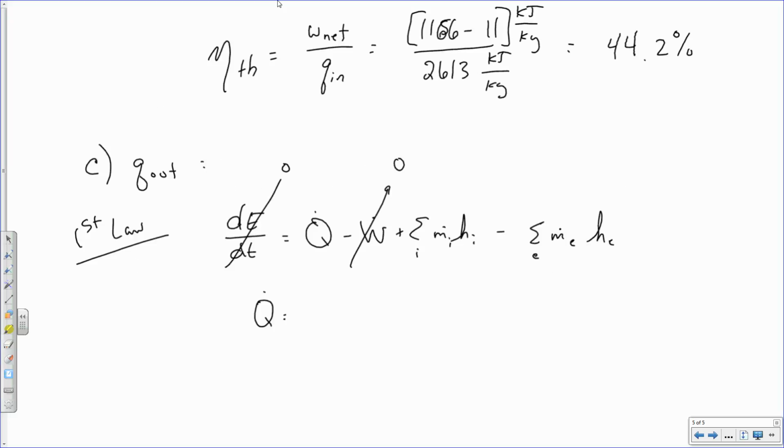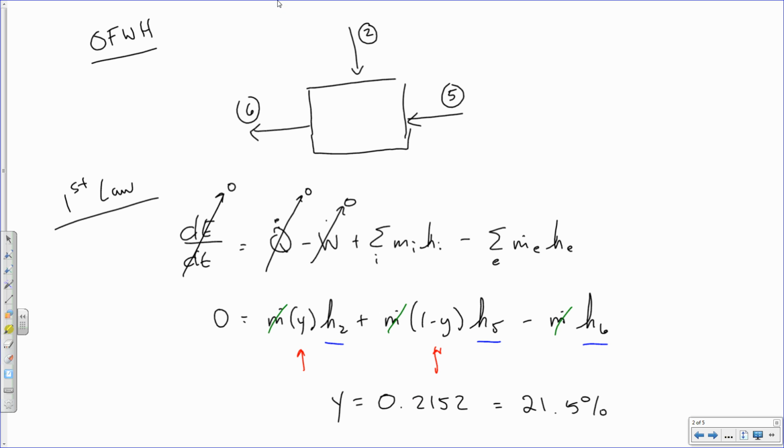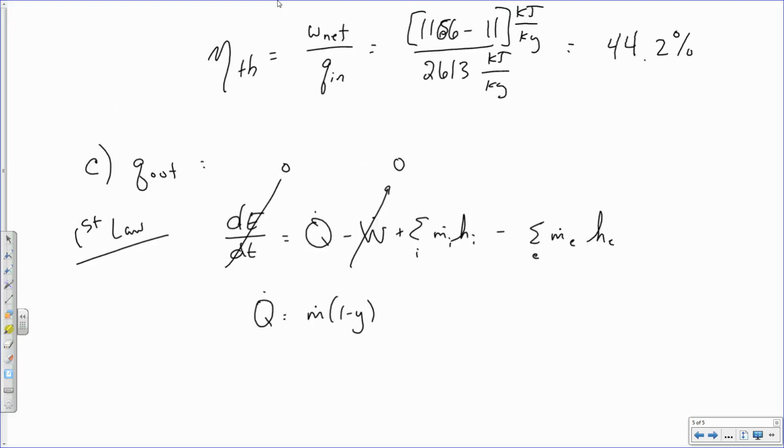So this will be equal to M dot times 1 minus Y, times, the inlet was state 3, the exit was state 4, H4 minus H3. Okay, so this value is going to be a negative quantity.